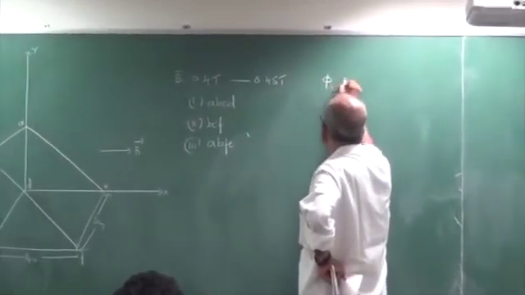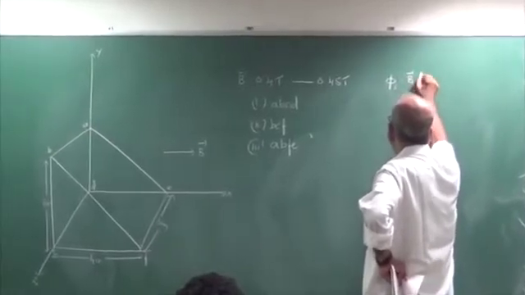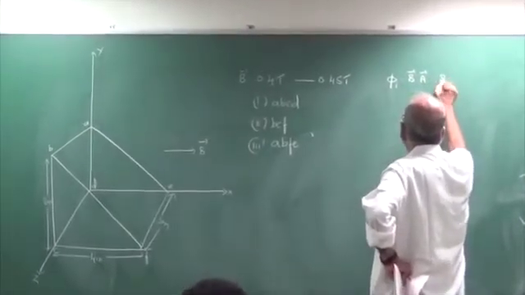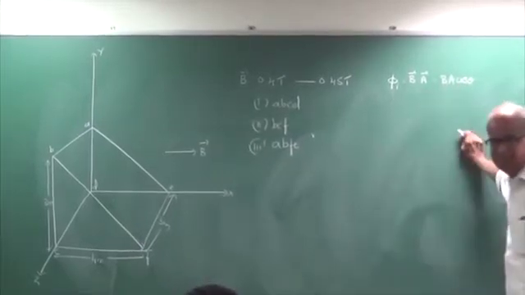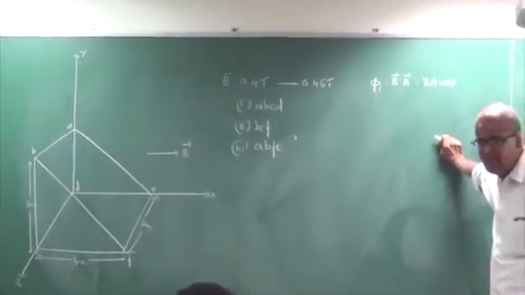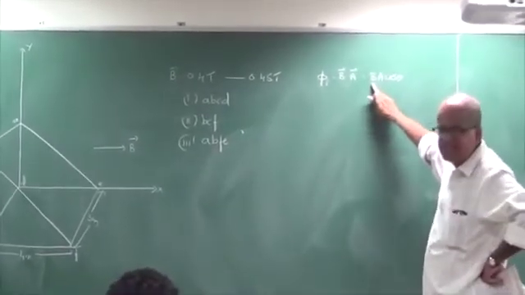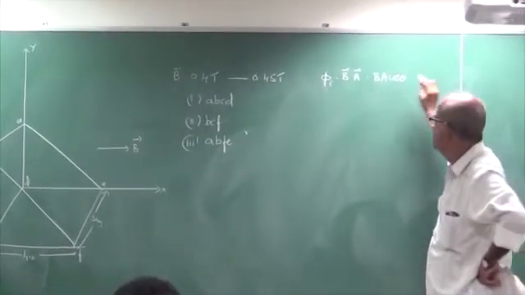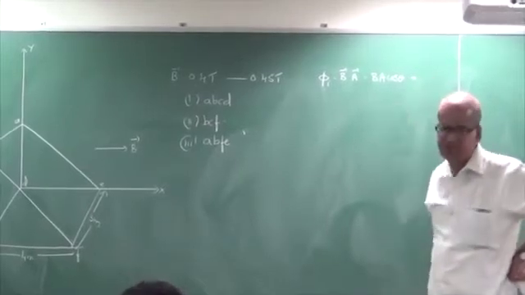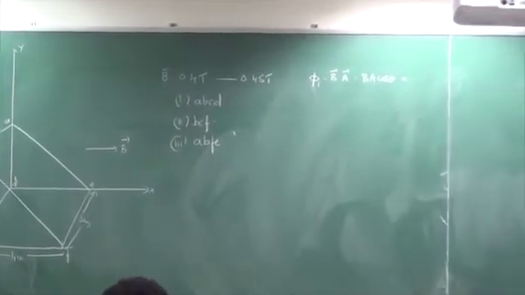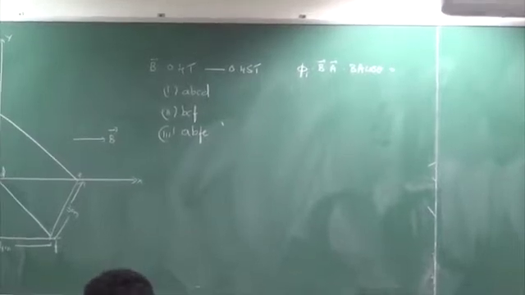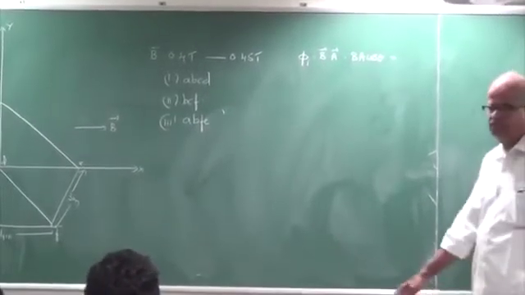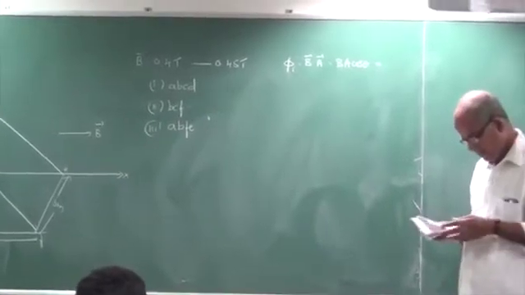Initial flux is B dot A, which is B into A into cosine of the angle between B and A. You know what is A, what is B, what is theta. Substitute and tell me what is the initial flux.